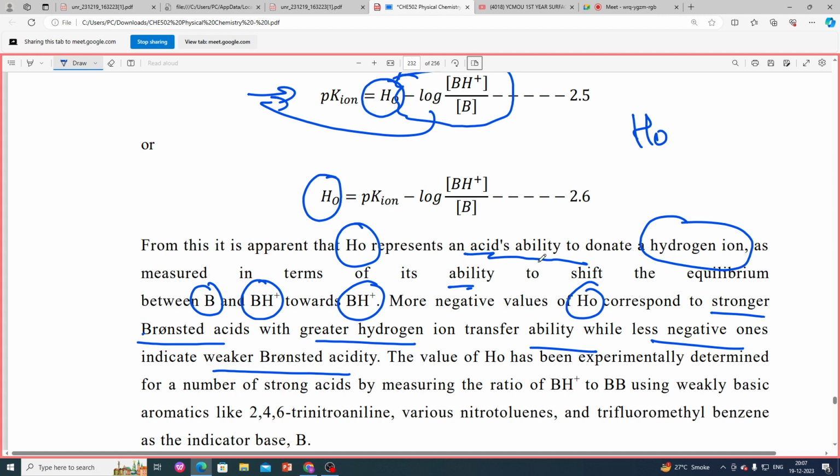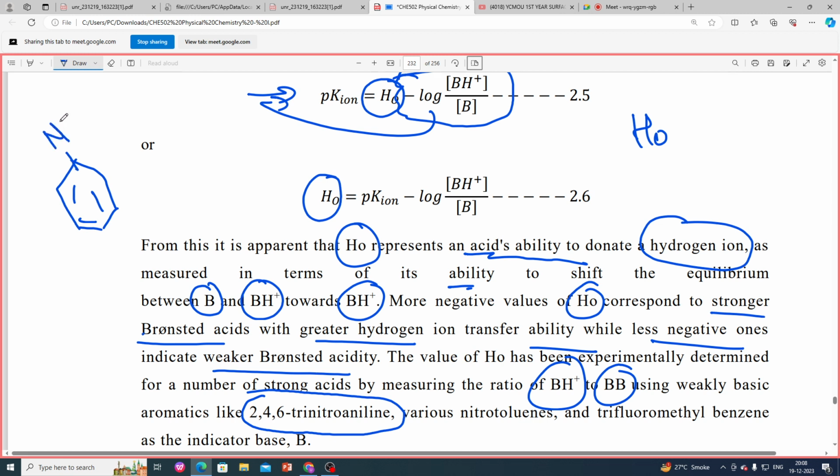The values of H0 have been experimentally determined for a number of strong acids by measuring the ratio of BH+ to B using weakly basic aromatics like 2,4,6-trinitroaniline. So here is the structure of trinitroaniline. Here is the basic structure of benzene with NH2.